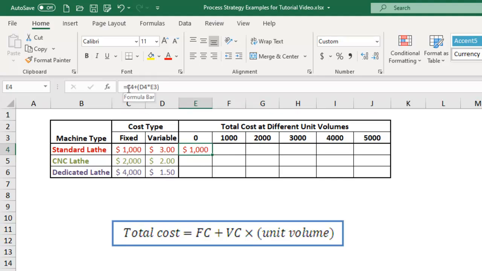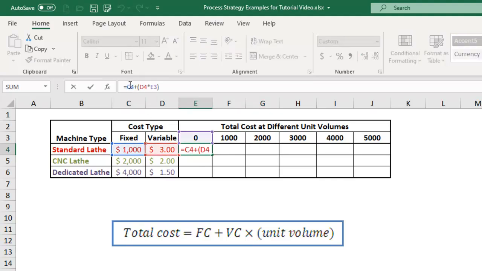So we need to put a $ sign in front of the letter C, C4, and so as we copy the formula to the right, the new formulas in these other cells will retain the reference to the $1,000 fixed cost. We also need to put a $ sign in front of the D in order to retain the reference to the variable cost.